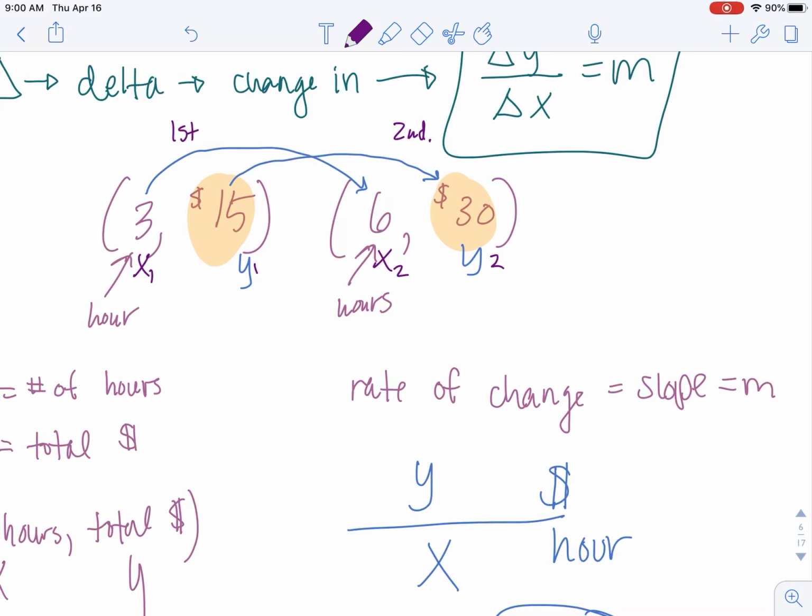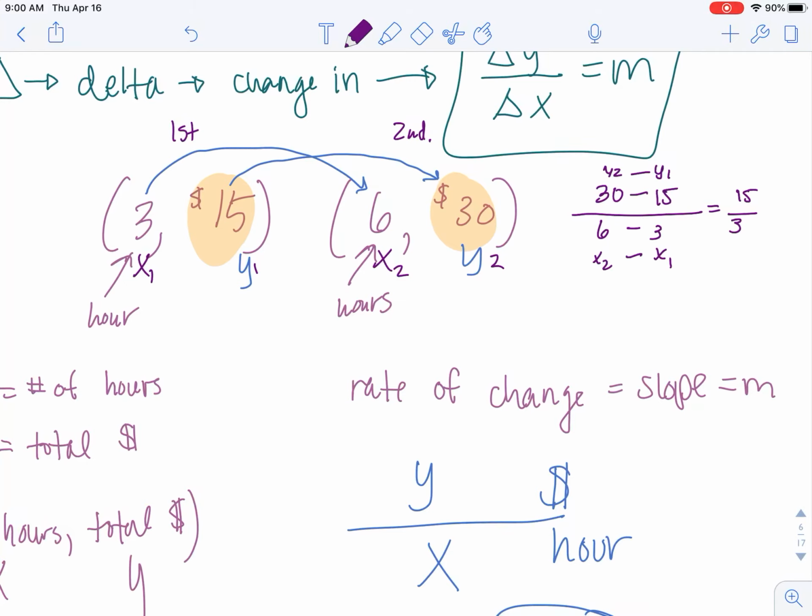So we said $30, y2, minus y1, which was 15. And then we said x2, our 6, minus our x1, which was 3. And that gave us 15 over 3.